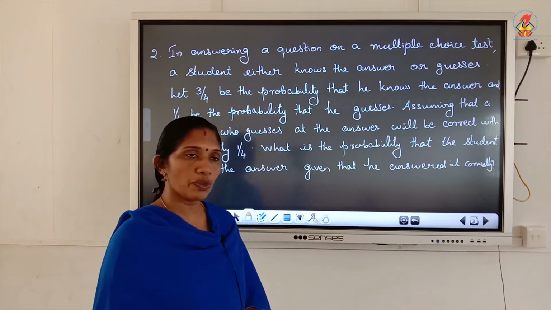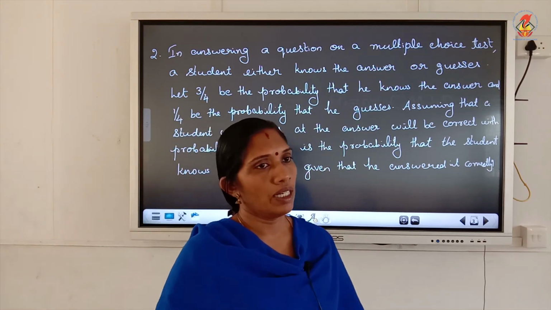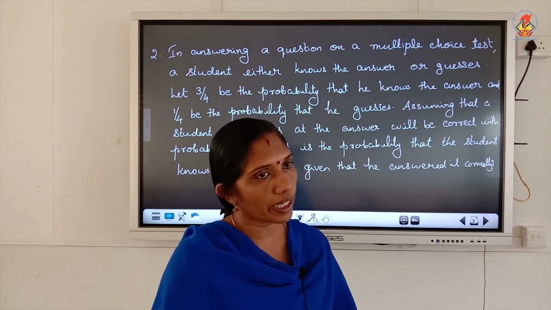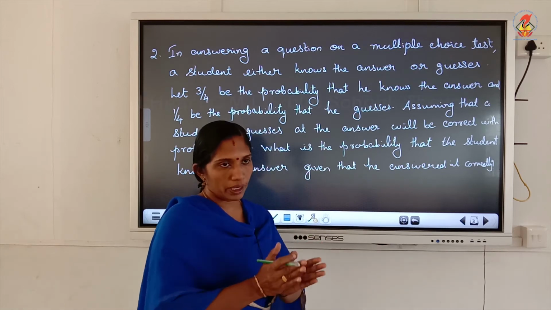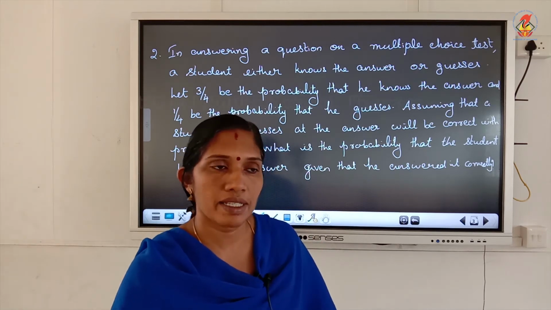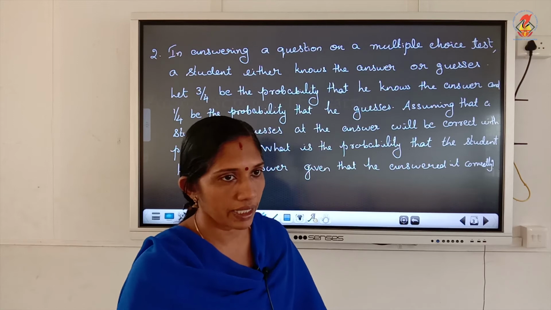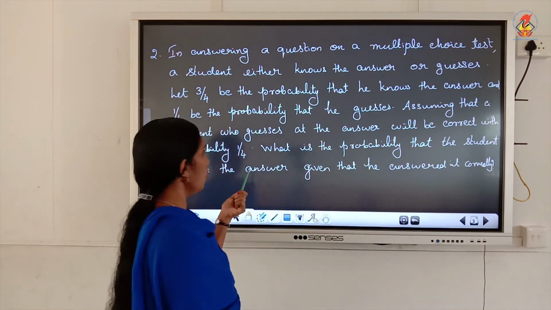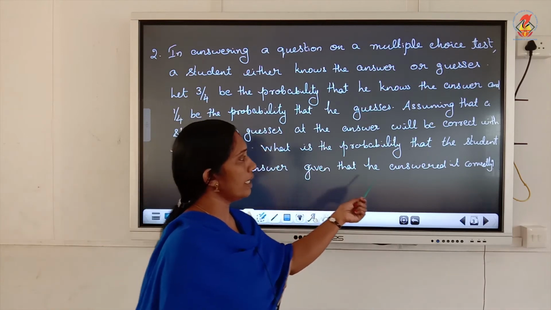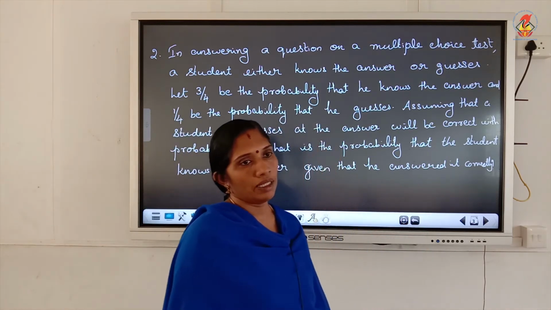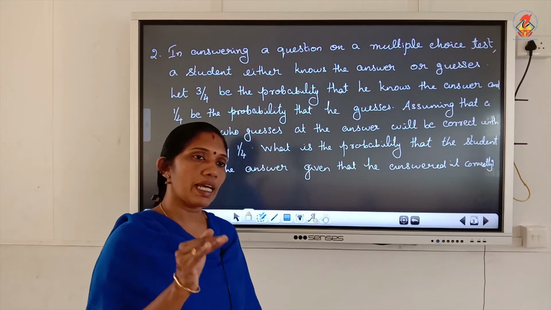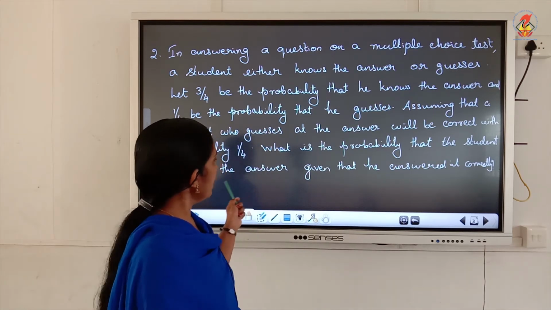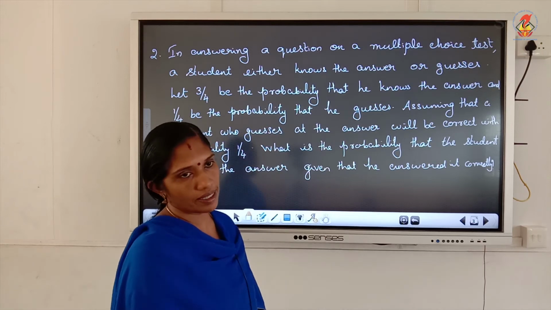Since the student knows the answer, the probability of a correct answer is equal to 1, isn't it? Then what is the probability that the student knows the answer given that he answered it correctly? So the question is the student answered correctly. Then what is the probability that he knows the answer?